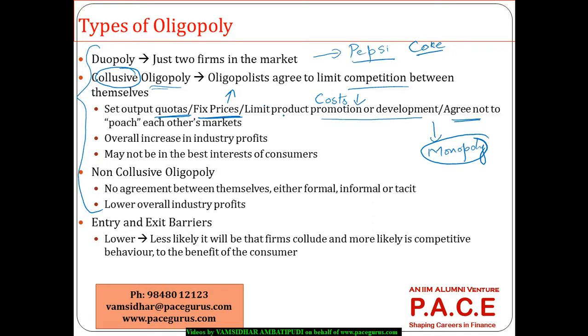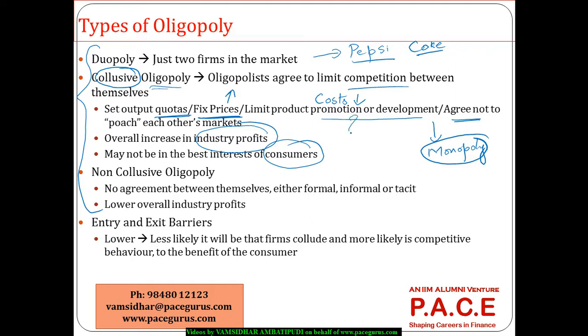That is what we call as collusive oligopoly, which is resulting in the overall industry's profits going up because prices will go up and the expenses are coming down. So the overall profits of the industry are going up. No wastage. So probably the industry's profits are going up, but the customer is the one who is going to suffer because of this kind of a practice.